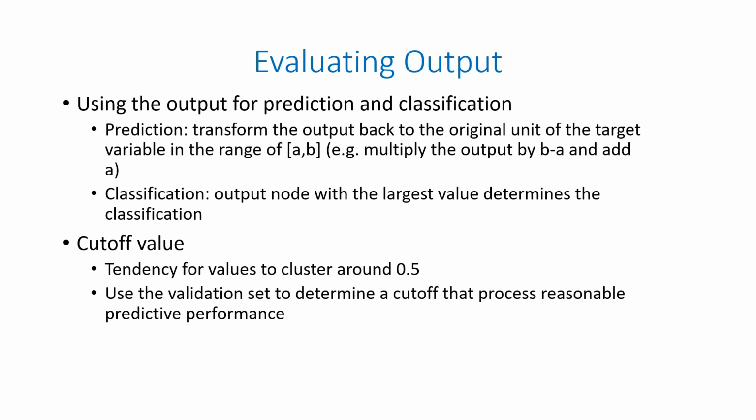So to convert it back to the value of the correct unit, you need to reverse the minimum-maximum normalization process by multiplying the output value by the range, which is computed as the maximum minus the minimum, and then add the minimum value to the product. This will produce a single numeric value that represents the prediction output.